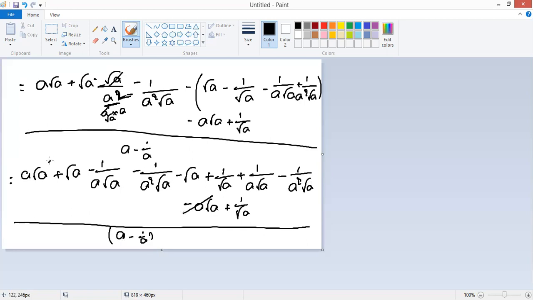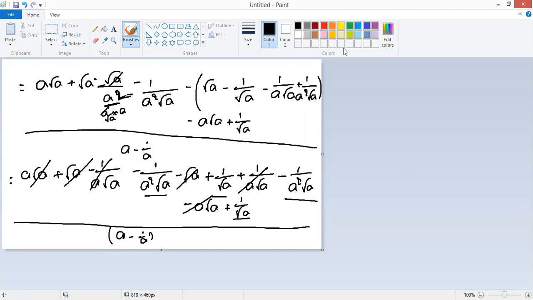Now minus a root a plus a root a cancel, minus root a plus root a cancel, plus 1 by a root a minus 1 by a root a cancel. Now we are left with 4 terms: minus 1 by a square root a minus 1 by a square root a plus 1 by root a plus 1 by root a.